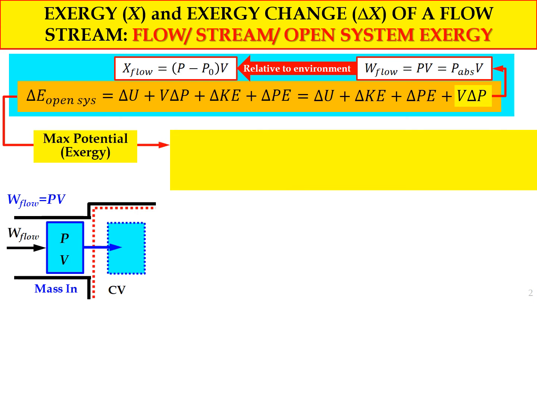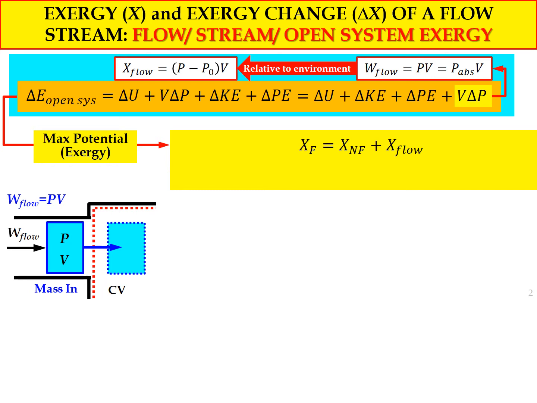Okay, so now if we consider the maximum potential of energy, or the exergy concept, from the equation of delta E for the open system, we will have the equation for exergy.